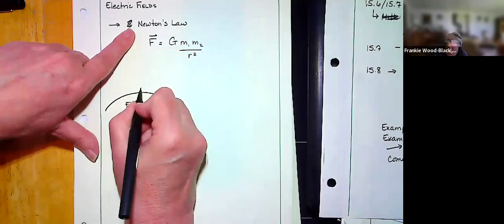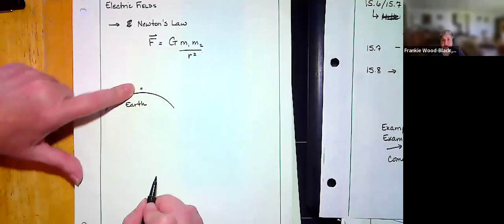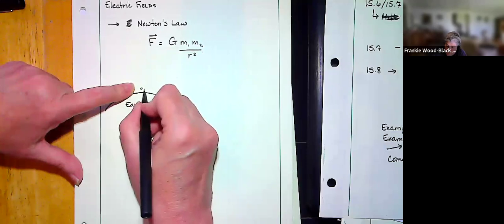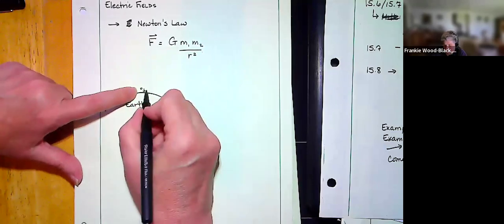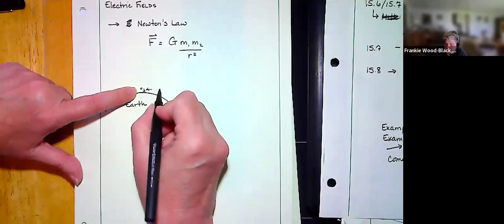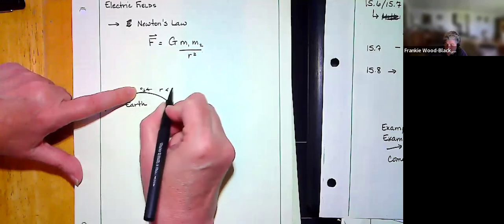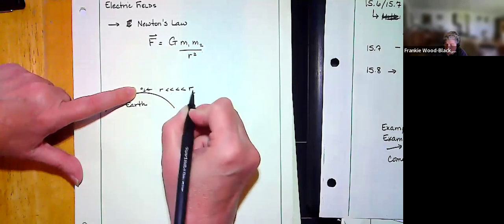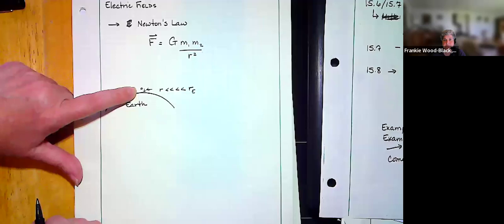and we have our little ball or our little object just above the surface of the Earth, this distance here, this r. That little distance is going to be much, much smaller than the radius of the Earth.